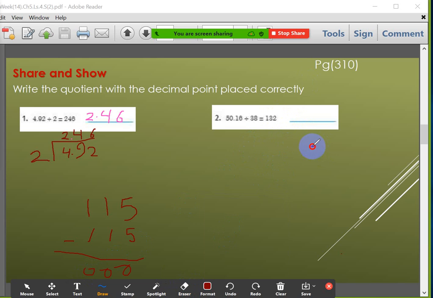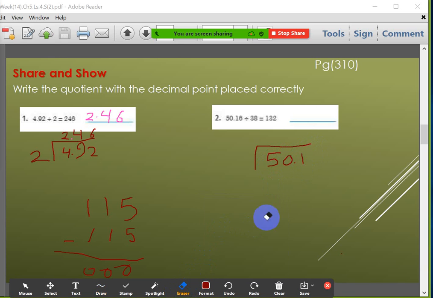So if you divide 50.16, okay, if you divide it by 38, okay, now the answer was 132.